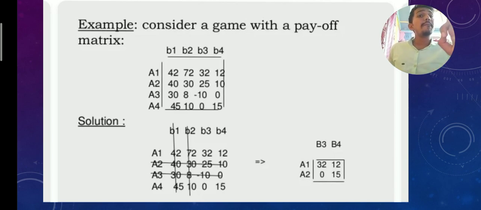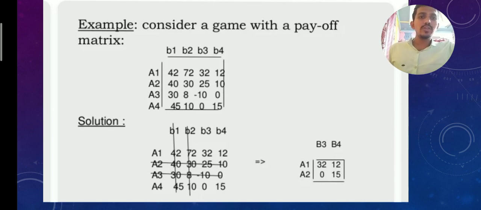First of all, we cancel the maximum values. Then we look at the minimum values. Only two columns remain, with no cancellation. 10 is the minimum value here, so we cancel that row.